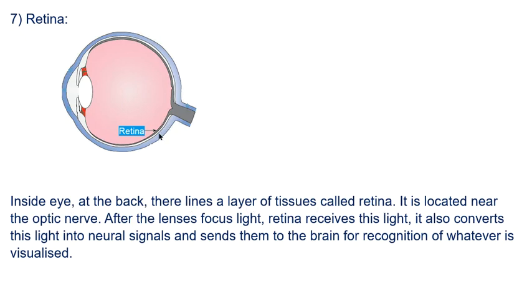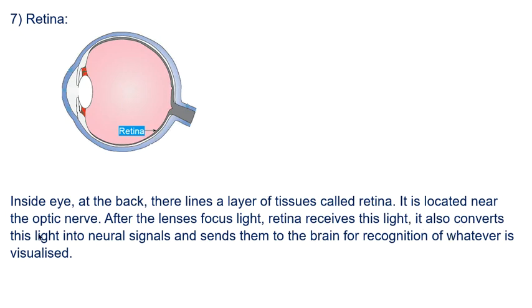It is located near the optic nerve. This is the optic nerve. In the further slides we can see. After the lens focuses light, retina receives this light. Who will receive this light? Retina will receive this light.